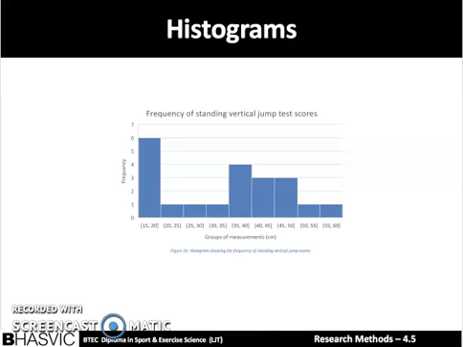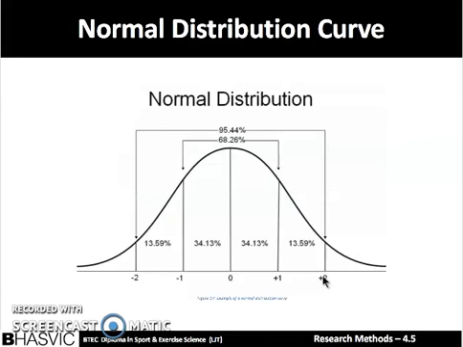The normal distribution curve can be seen here. What a normal distribution curve is, it's basically a probability distribution.